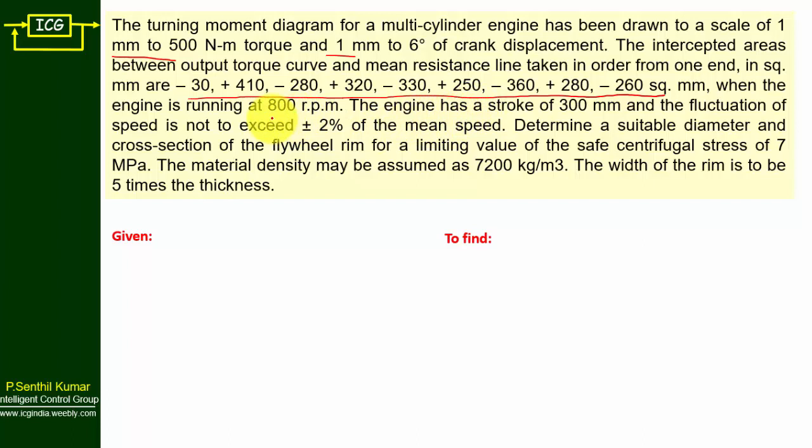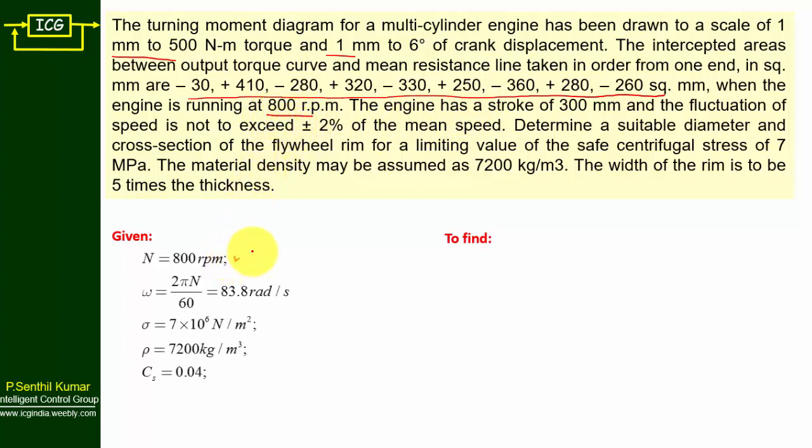When the engine is running at 800 rpm, N equal to 800 rpm. From that we can find omega equal to 2 pi N by 60, which gives 83.8 radian per second. The engine has a stroke of 300 mm and the fluctuation of speed should not exceed plus or minus 2% of mean speed.